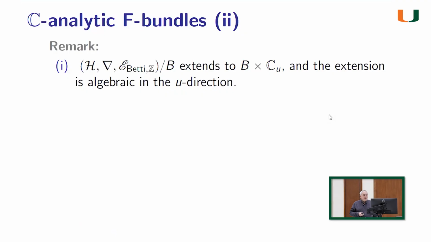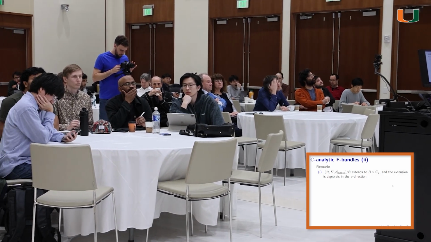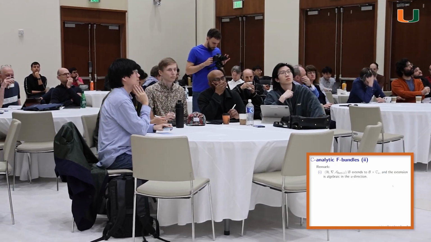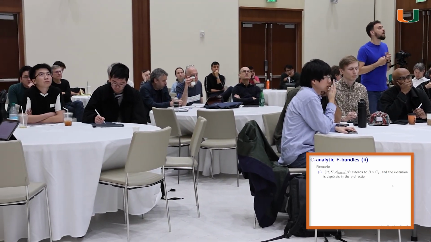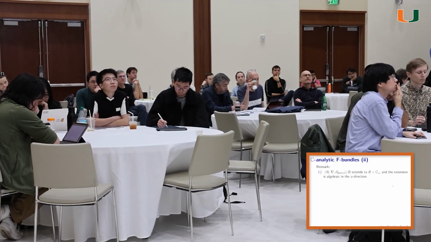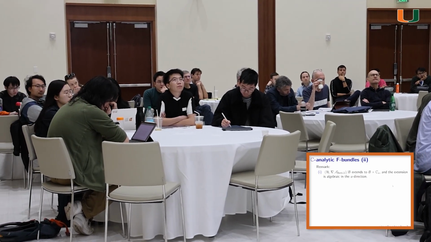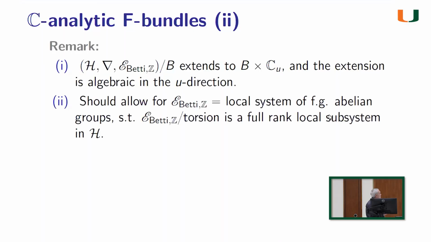Okay, so one thing that you get from this datum is that the data actually extends automatically to the full complex line from the disk, and it gives you a bundle that's algebraic and a connection that's algebraic in the U direction.